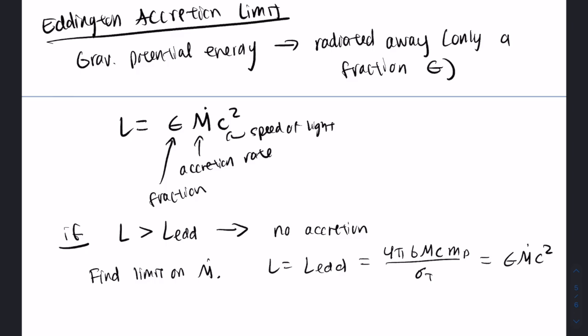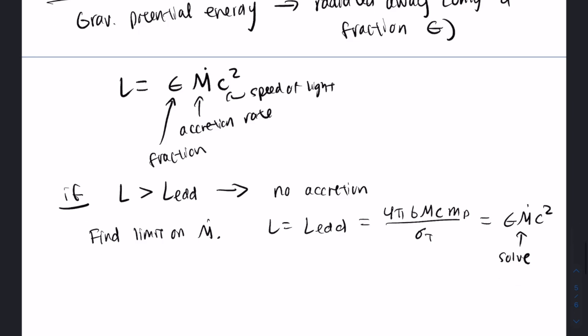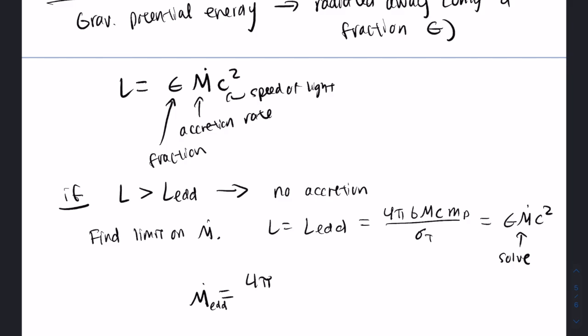If you solve this for the accretion rate, and we'll call that the Eddington accretion limit, you get the following: 4 pi G M times the mass of a proton over epsilon, the speed of light, and the Thomson cross-section. Again, this is assuming that the major opacity source is electrons.